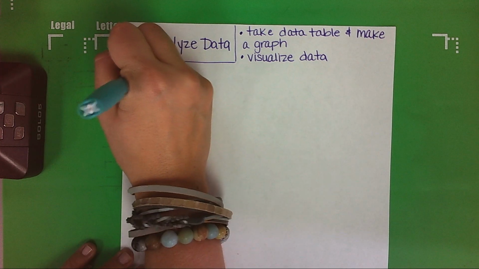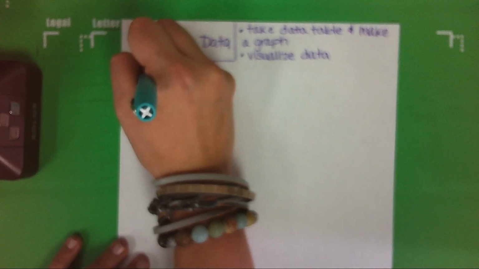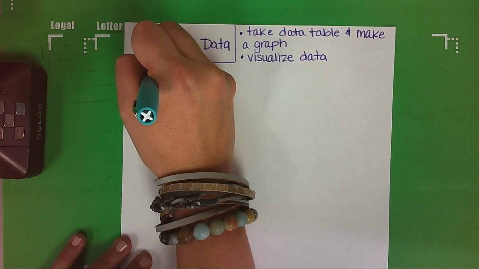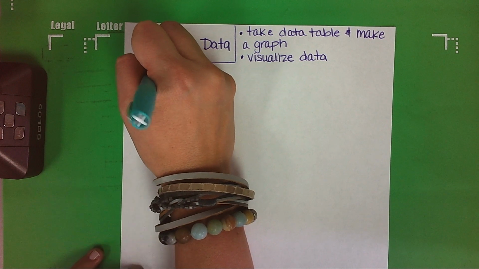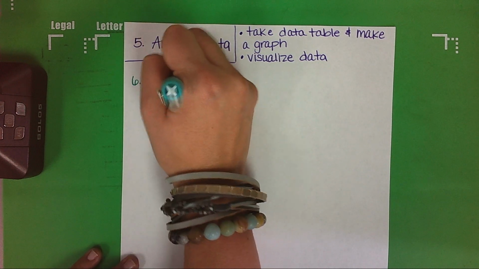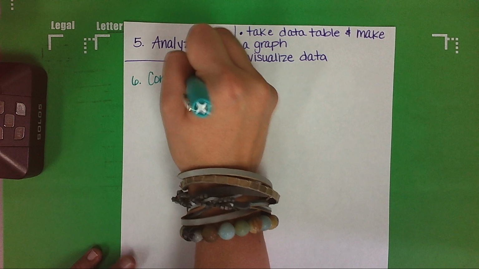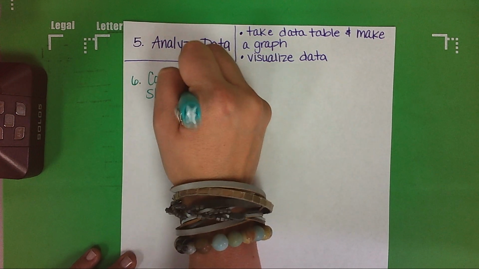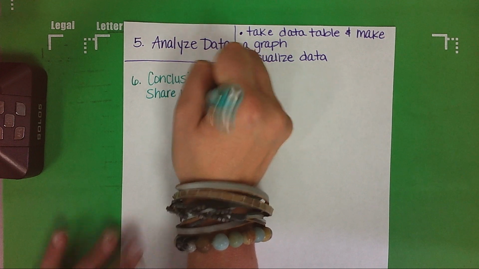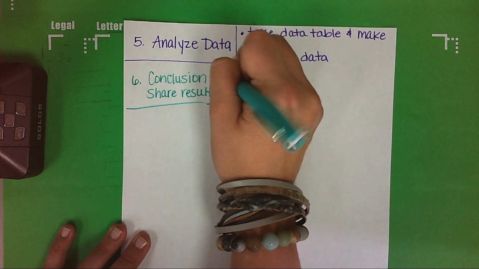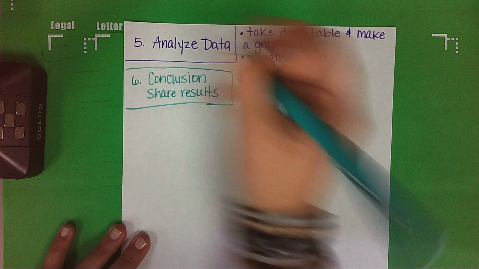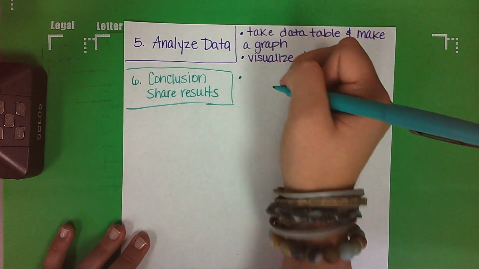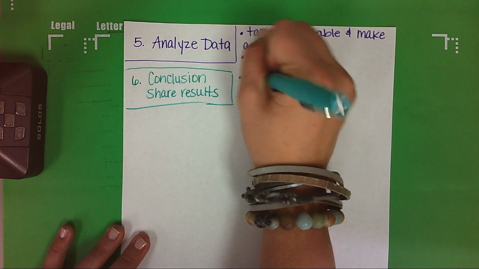Okay, so then your next step, your final step, is to make a conclusion. Okay, you're going to make a conclusion and you're going to share your results. Alright, so when you do this, this is where you're going to reflect.